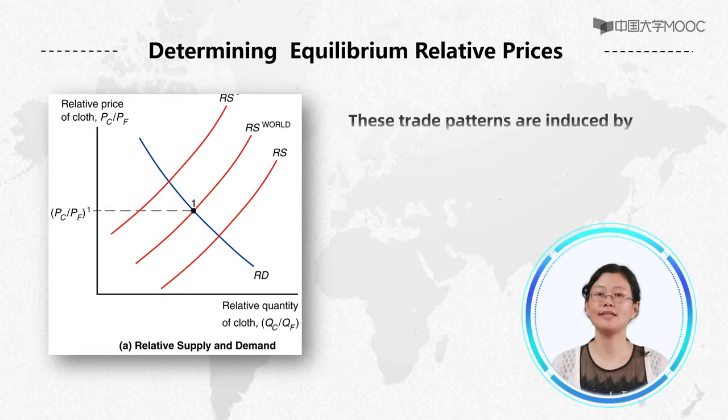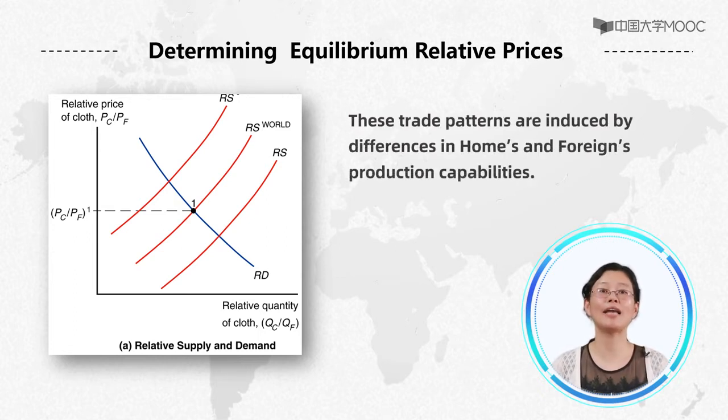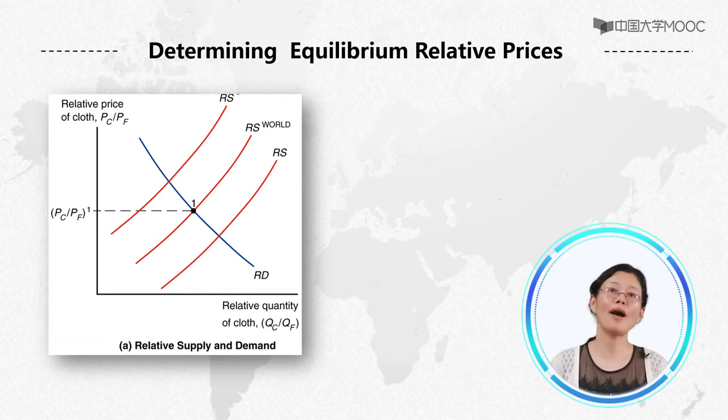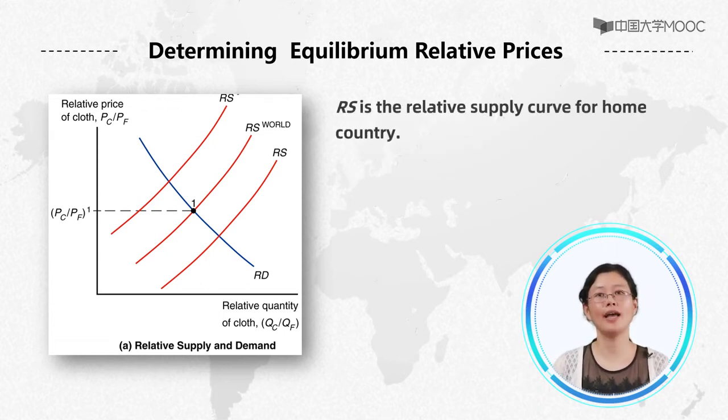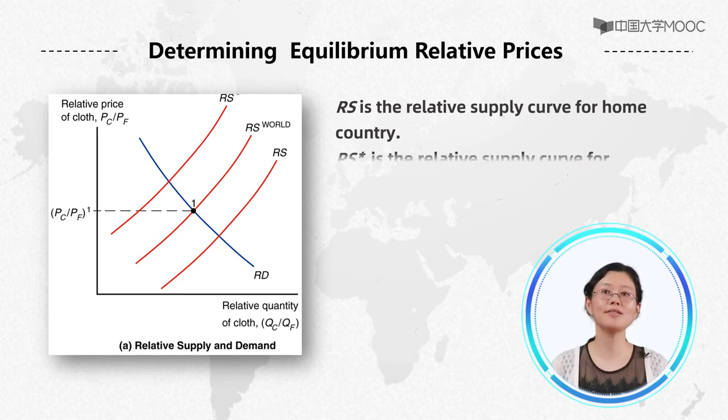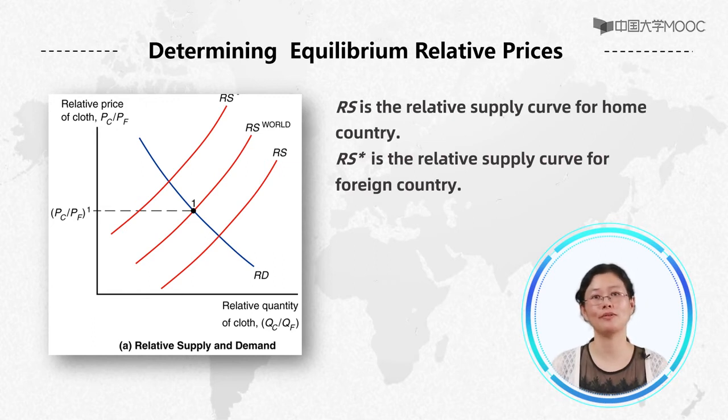We assume that these trade patterns are induced by differences in home's and foreign's production capabilities, as represented by the associated relative supply curves in figure 1a. In figure 1a, RS is the relative supply curve for the home country. RS star is the relative supply curve for the foreign country.